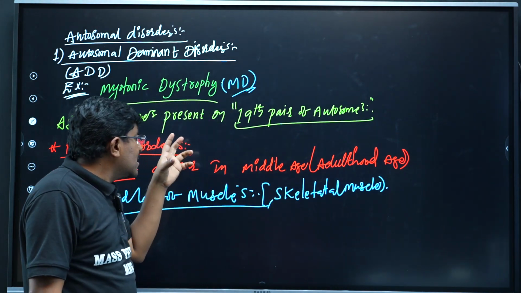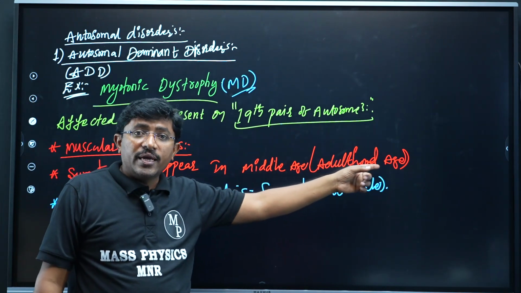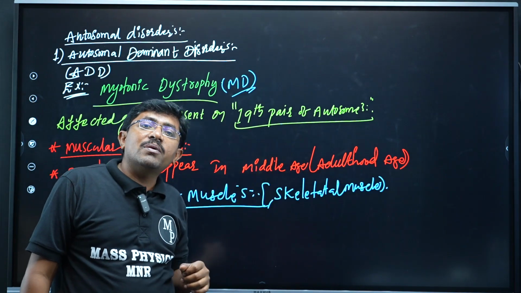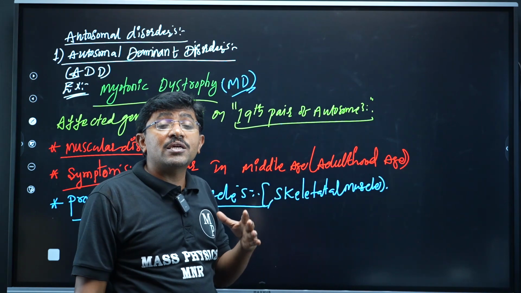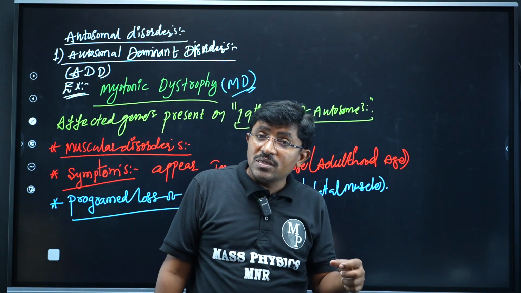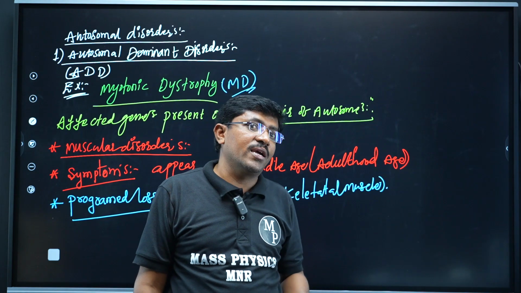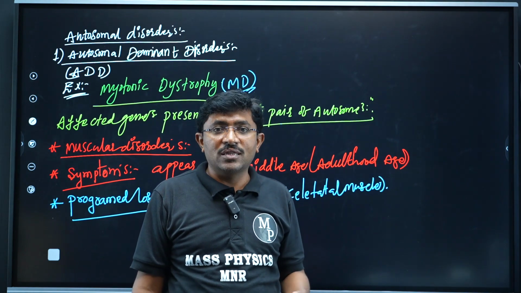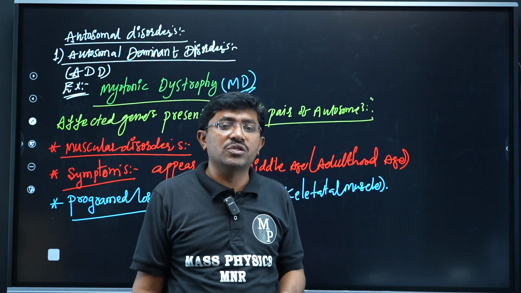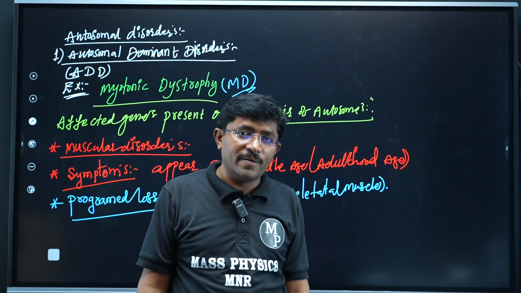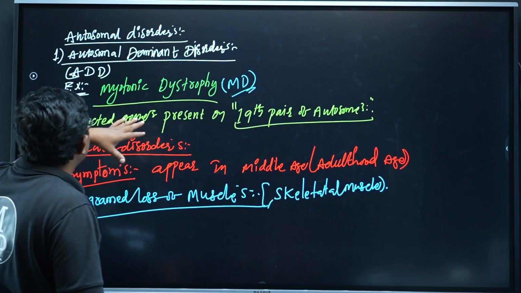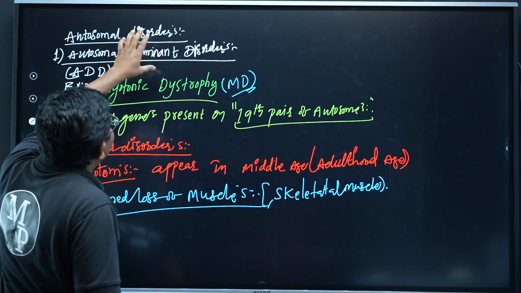Myotonic dystrophy appears in middle age or adulthood, but in Duchenne muscular dystrophy, the symptoms start when the person is 4 or 5 years old, in childhood, with programmed loss of muscle function or programmed death of muscles. So this is the autosomal dominant.